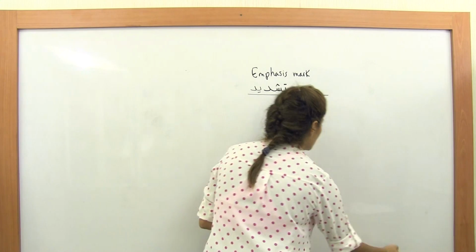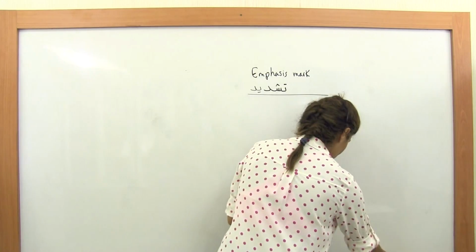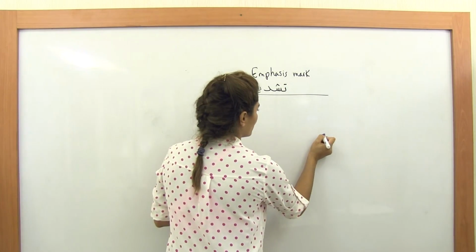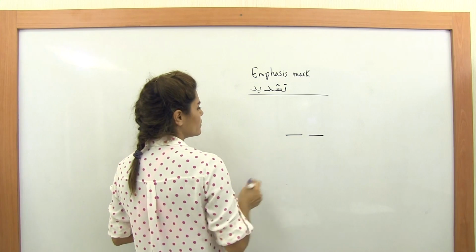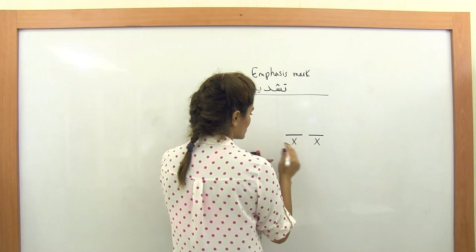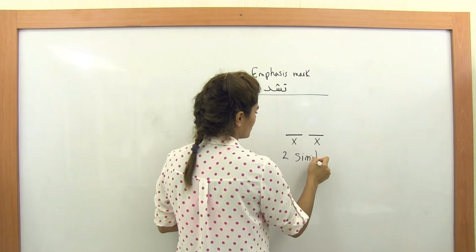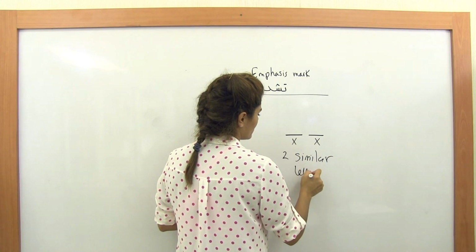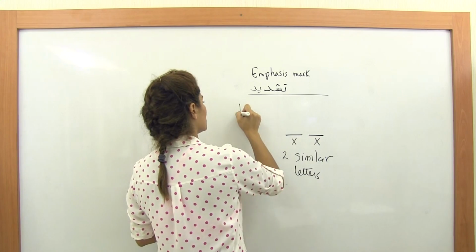So shaddi, you have it when you have two similar letters, like two T's.